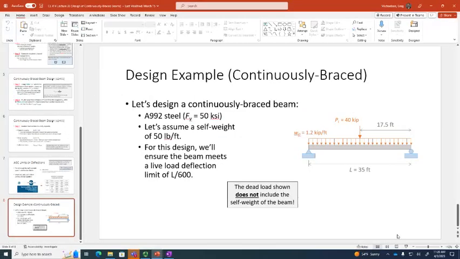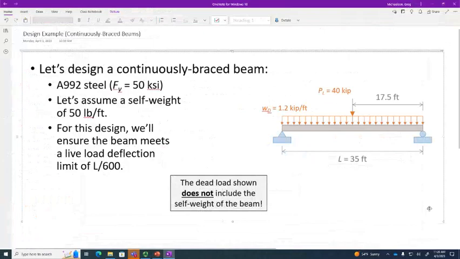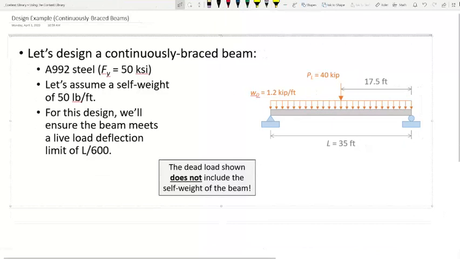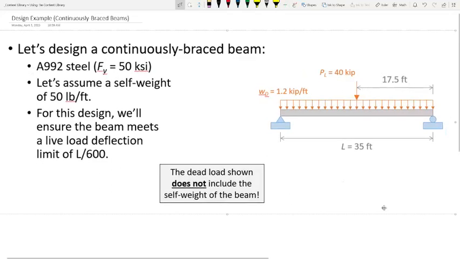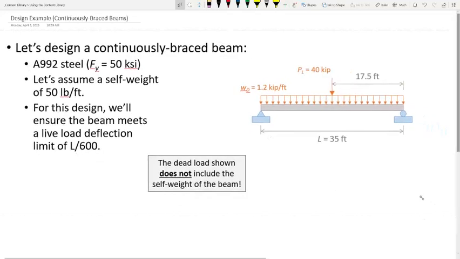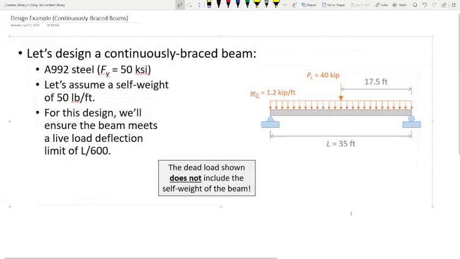So let me pull up the notebook. We are going to design this beam. So we're going to design a continuously braced beam to withstand the following loads. We've got a dead load of 1.2 kips per foot, and now we have a live load applied at mid-span.